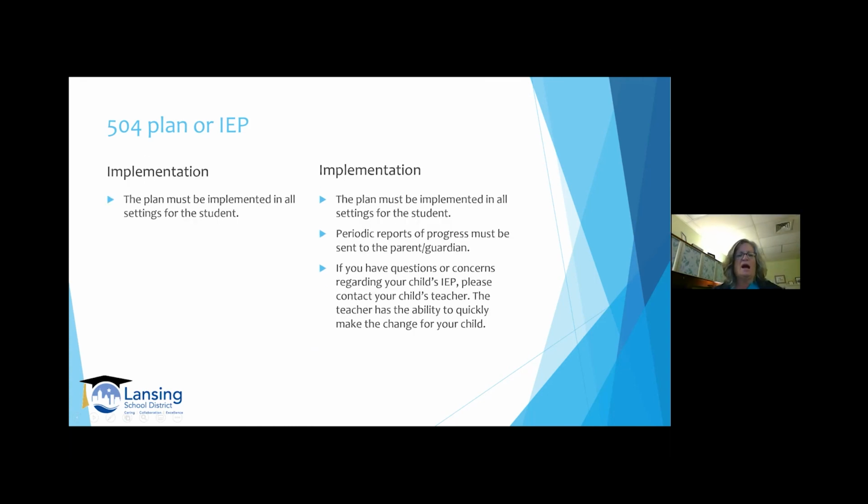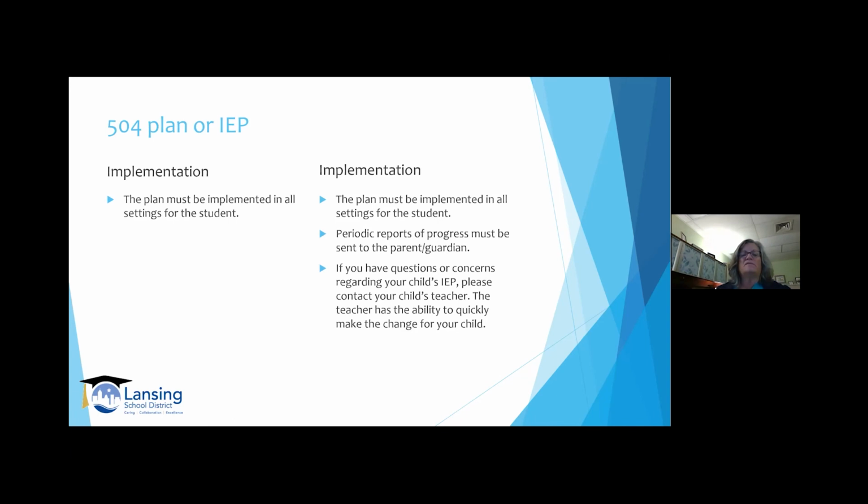So now moving on into the next phase of an IEP or a 504 plan, this is the implementation phase. And this is where in a 504 plan and also in an IEP, the plan must be implemented in all settings for the student. It cannot not be implemented. It has to be implemented in all settings for the student in the way that the document is developed.